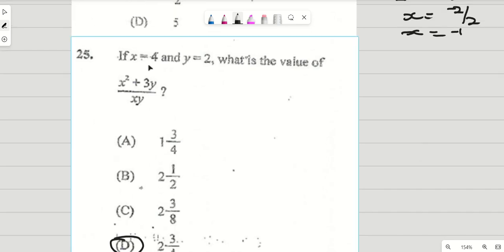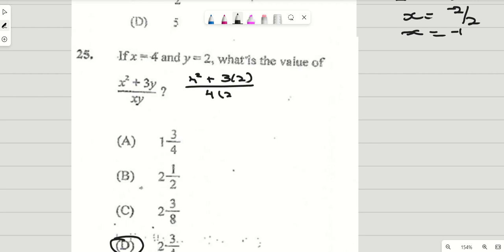We have x is equal to 4 and y is equal to 2. What is the value of x squared plus 3x, all over xy? Wherever we see x, we're going to put 4, and wherever we see y, we're going to put 2. So it's going to be 4 squared plus 3 by 2, all divided by x by y, 4 by 2.